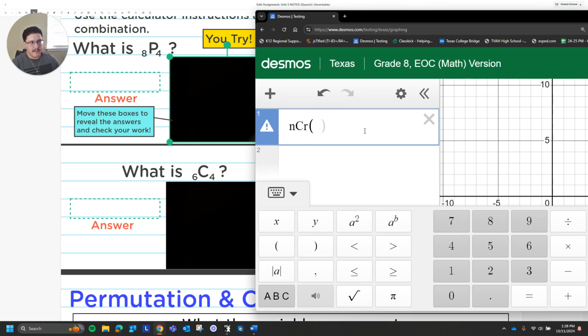And then you're going to type in for the pool, for the n value, 6, which is to the left of the C, comma, 4, and then close your parentheses, and there it is. Your answer is 15. There are 15 combinations when you have a total of 6 and you're choosing 4.